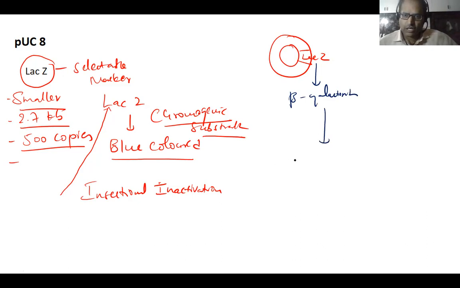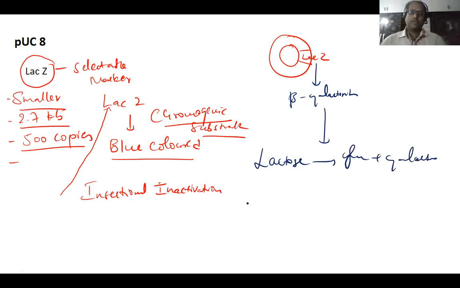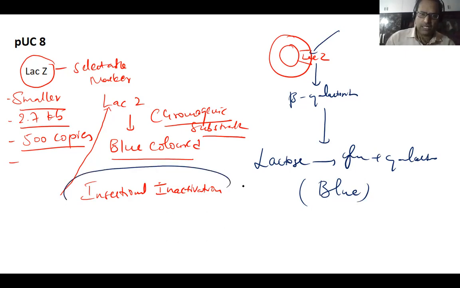It converts lactose into glucose plus galactose, right? This reaction is done because of the enzyme, and it gives a blue colored product. Blue colored colonies will be given. Now, what is the intention? The desired gene is introduced into this area, the lacZ area. Then the lacZ gene will be inactivated. Look at that. That is the process called insertional inactivation.